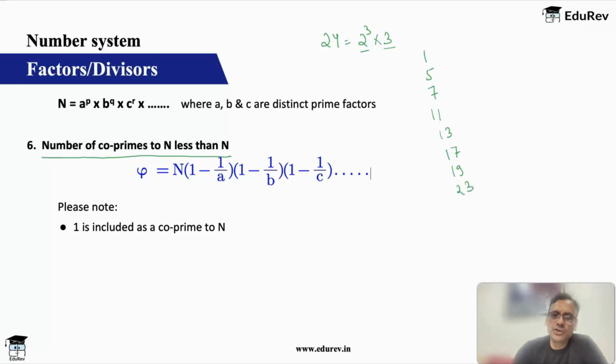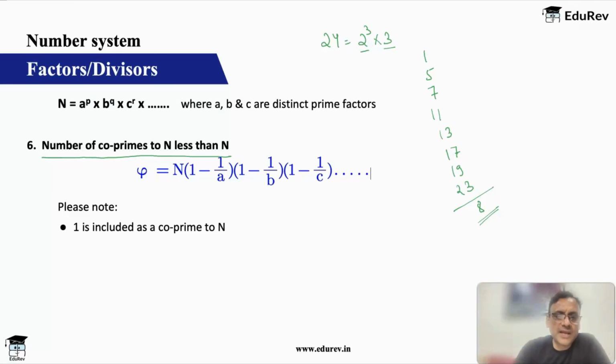These are the numbers. You can see that all of them incidentally are prime numbers, though that may not always be the case. You may have some composite numbers as well, but here that is not the case. So I get a total of 1, 2, 3, 4, 5, 6, 7, 8 co-primes. This we have done manually.